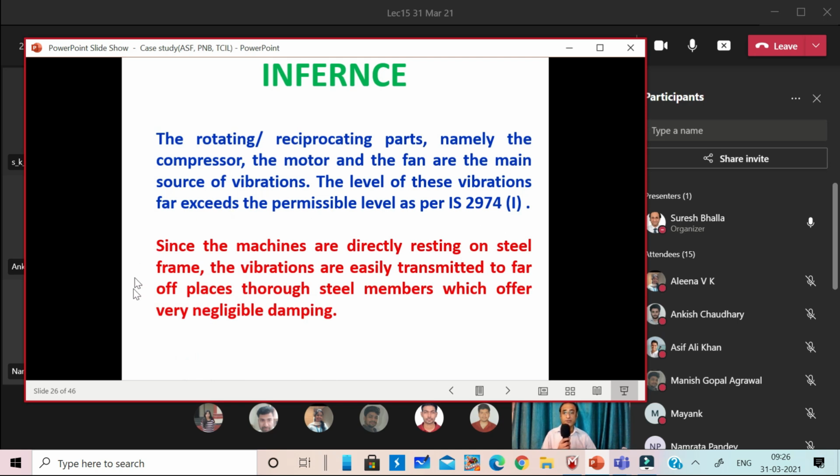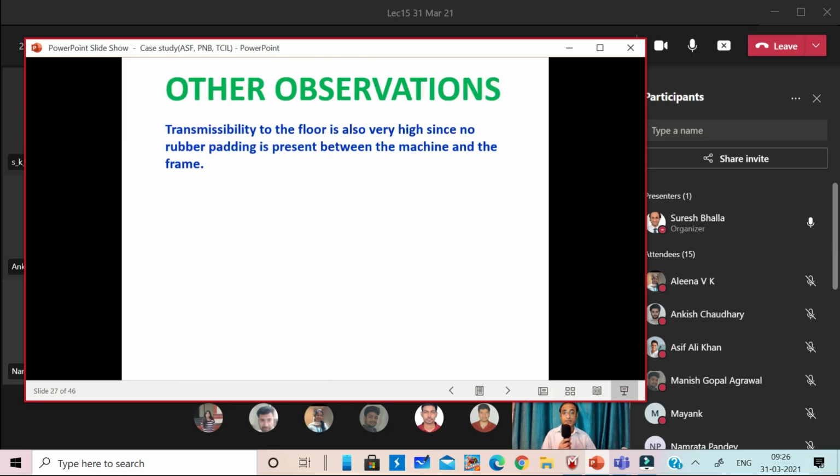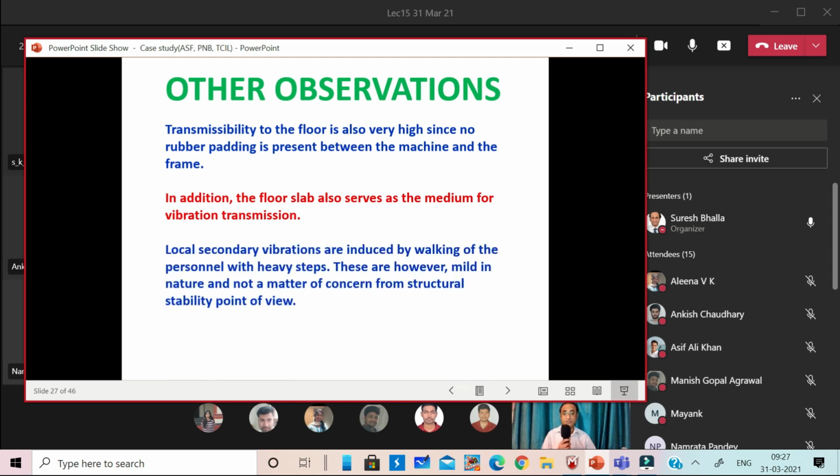So this was also an issue, that the machines were resting on the steel frame, and the steel frame members were slender, so the vibrations were very easily transmitted to far off places, because in steel there is hardly any damping. So here the transmissibility of the floor was also very high, because there was no rubber padding in between the machine and the frame, and the floor slab also acts as the medium for transmission of the vibrations.